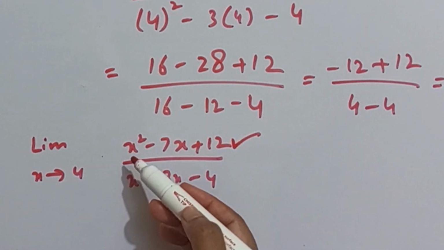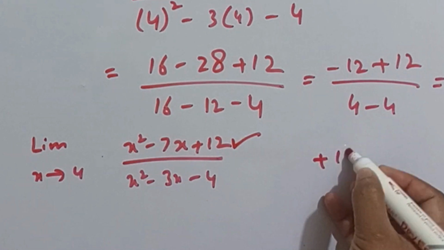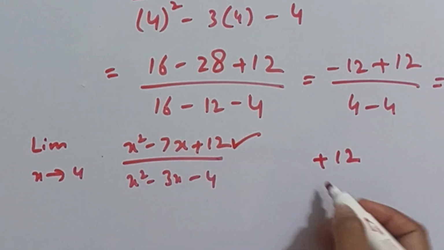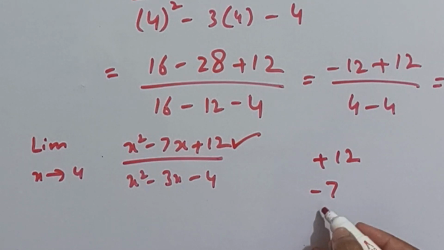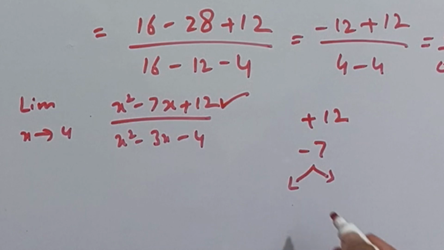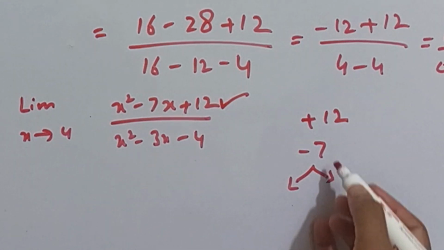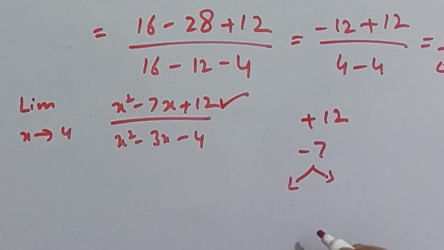If we multiply the coefficient of first and the last constant, then we get plus 12, and our middle value is minus 7. So we split this minus 7 into two values, so that if we multiply these two values, we get plus 12, and if we add these two values, we get minus 7.